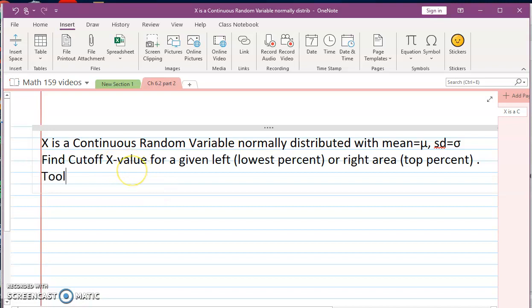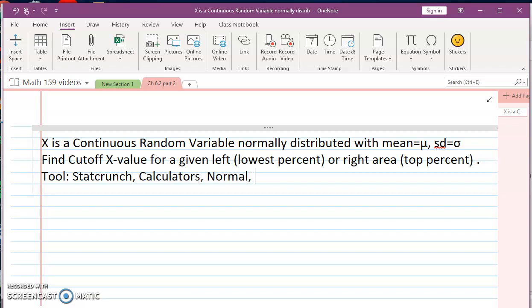Our tool is again StatCrunch. It is the reverse of what we just did in part 1. In part 1, we used StatCrunch, calculators, normal, and then you set the mean and standard deviation to what is given. And then you use the probability range, blank range.